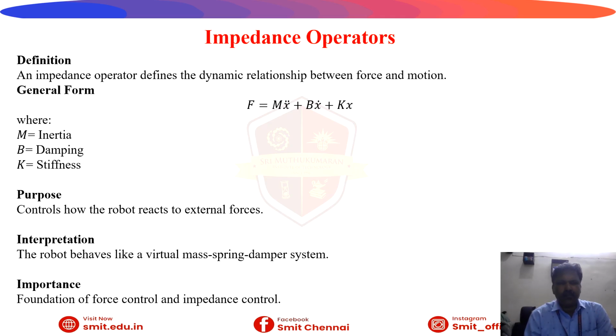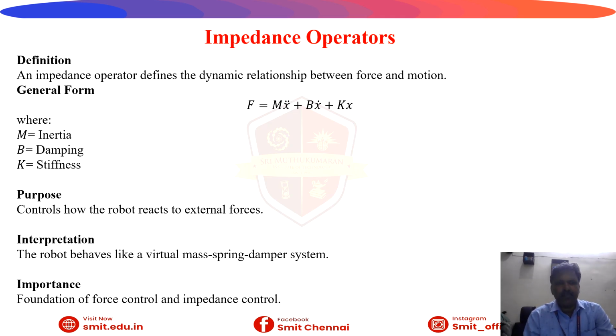Impedance operators. We have already seen some of the basics in the previous lecture videos. An impedance operator defines the dynamic relationship between force and motion. In general form, we can write F equal to M X double dot plus B X dot plus Kx.